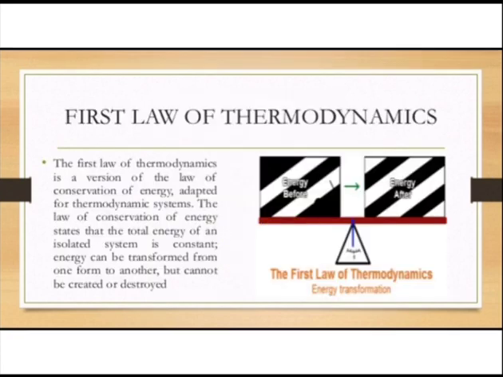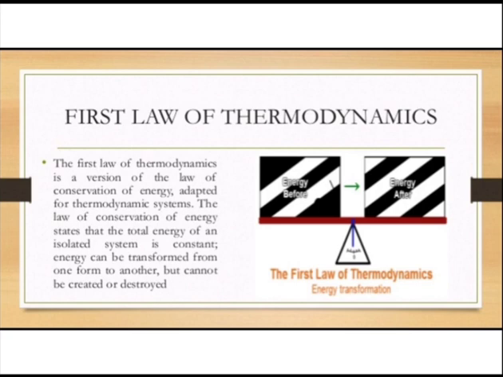Now, the first law of thermodynamics, and this law you know very well. The first law of thermodynamics is related to conservation of energy, and here energy cannot be created or destroyed, but it can be converted from one form of energy to another form.